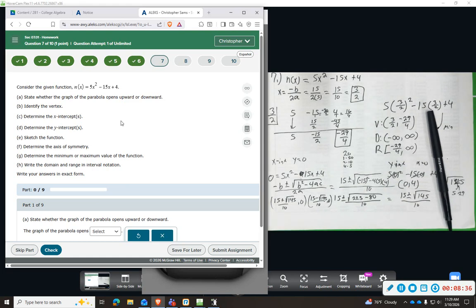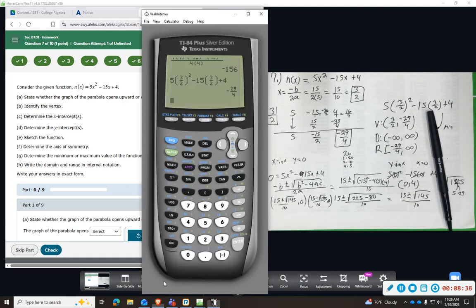So let's just double check to be safe. I'm only going to plug in the part that's under the square root. And we get 145.